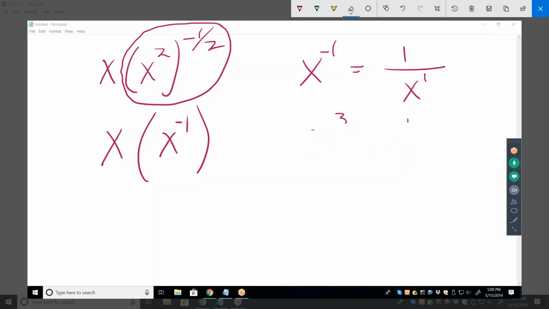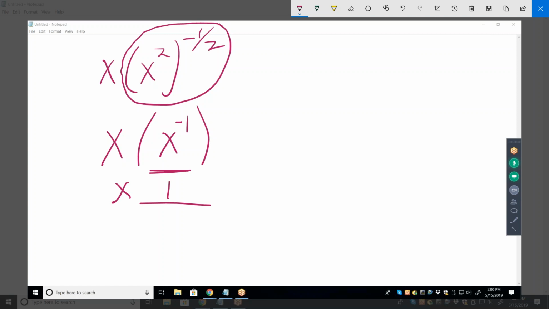The reason people get confused is the moment they see a negative sign, they think it's got to be a negative number. And it is not. Okay? So how else can I write this? This part right here. So x, 1 over x. Okay. And now what can I do?